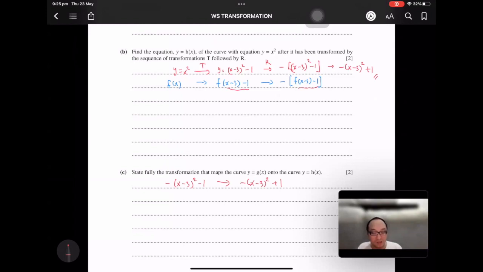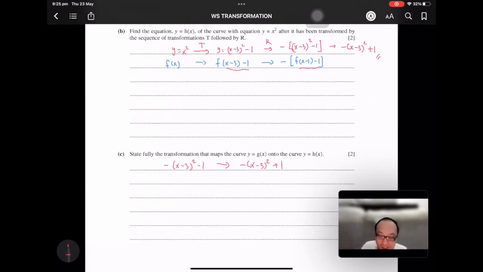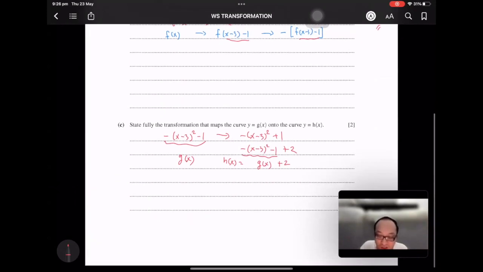I can express this as minus (x minus 3) squared minus 1 plus 2, where this is the original function g(x). So h(x) equals g(x) plus 2, which is a translation by (0, 2).